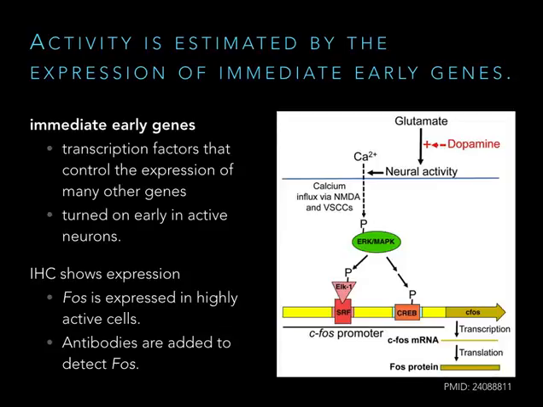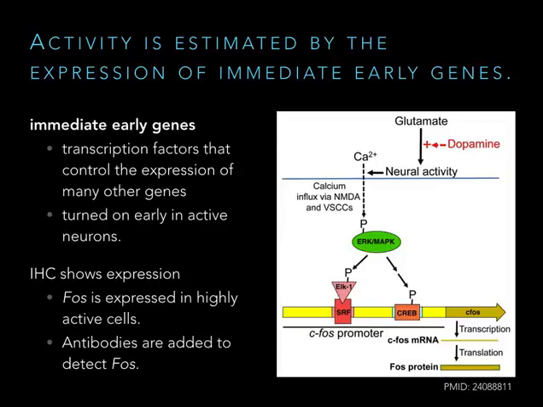So the immediate early gene that we need to care about would be FOS. cFOS is what we call the mRNA, FOS is what we call the protein. In response to neuronal activity, there's generally going to be an increase in calcium, which then activates different transcription factors that then lead to the expression of FOS.